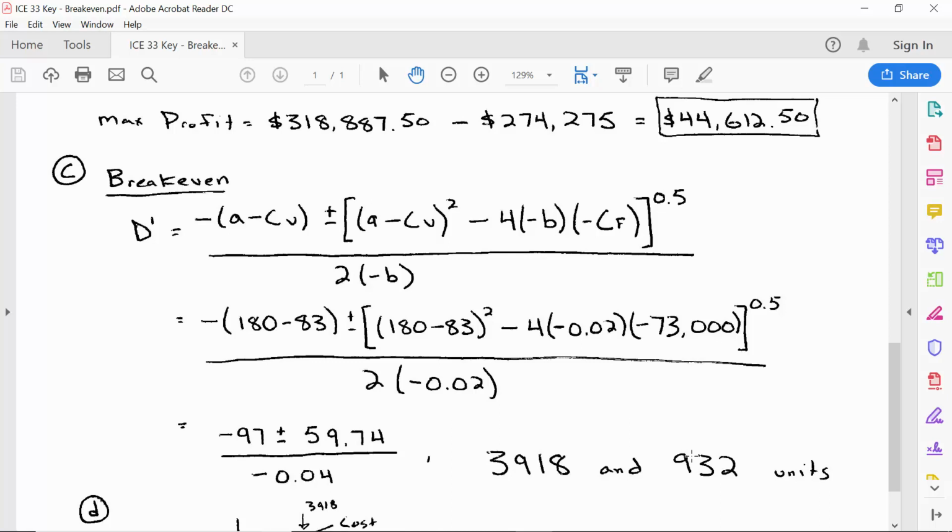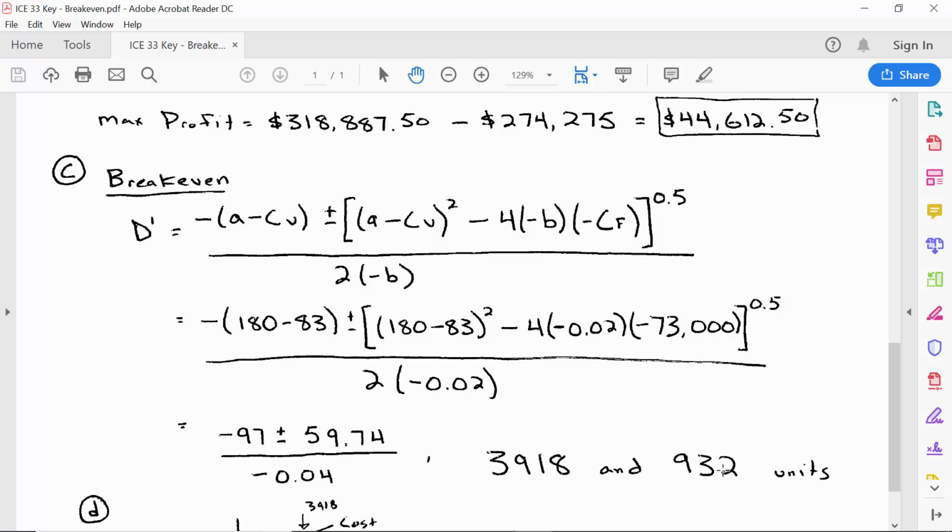So the two break-even points are 3918 units and 932 units. So if you find out the selling price and the amount of revenue, and then you also calculate the costs associated with these, then you would find that there's no profit at either one of these.